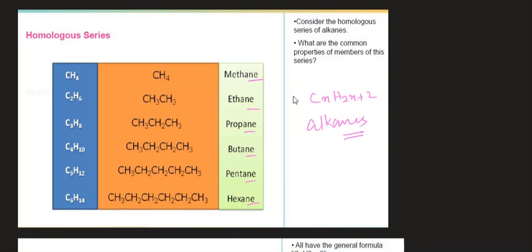So let us have C2H6, that is ethane. Methane, CH4. Let us subtract, what will you get? CH2. So CH2 is the difference. So they have the common difference between these two, CH2. And here CH2, here CH2. Likewise it comes, okay?